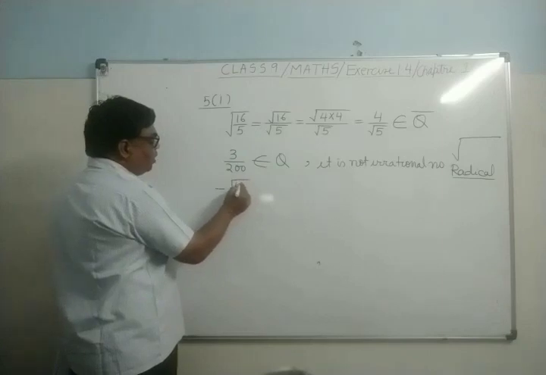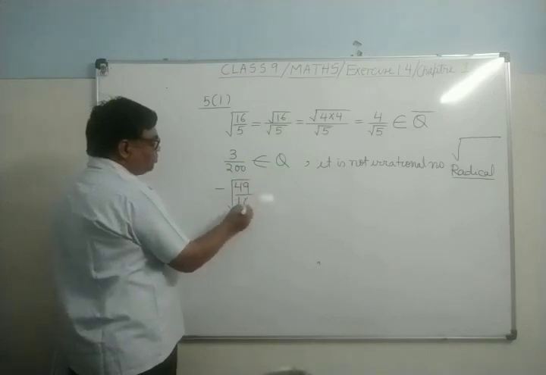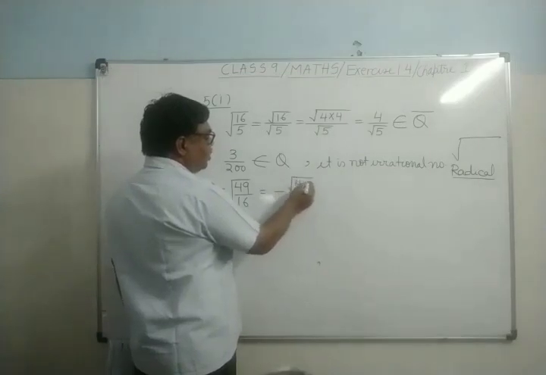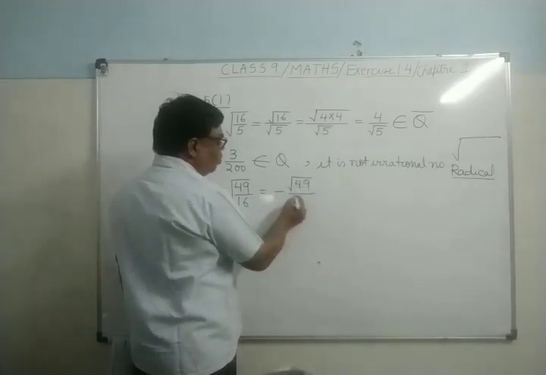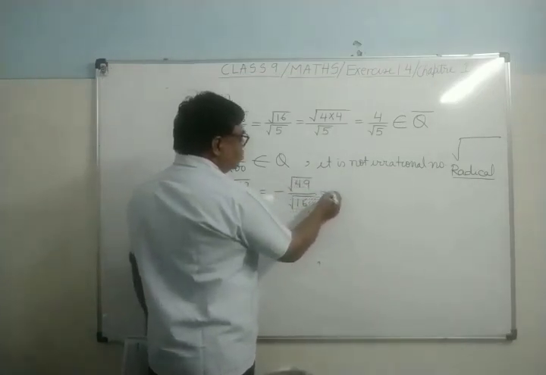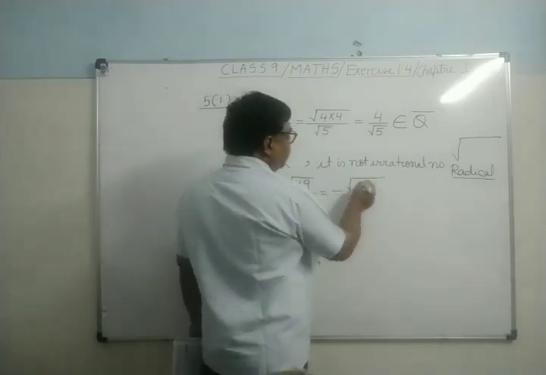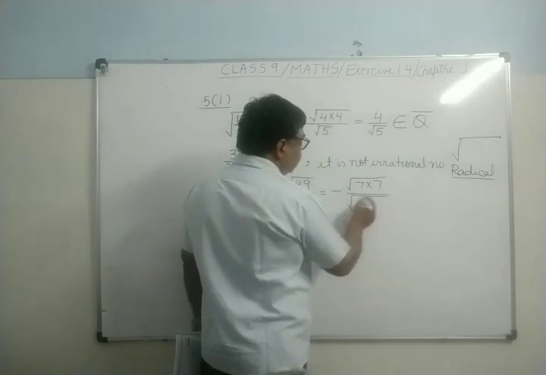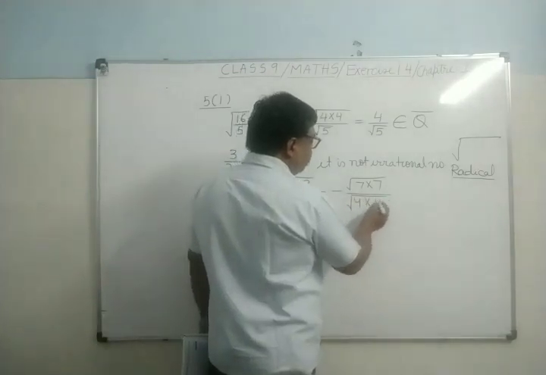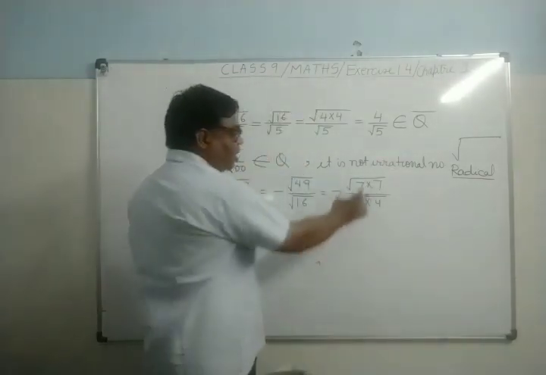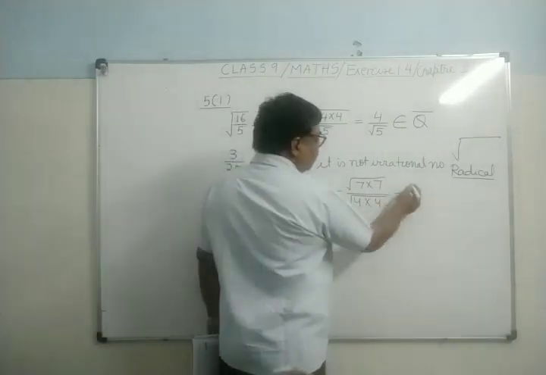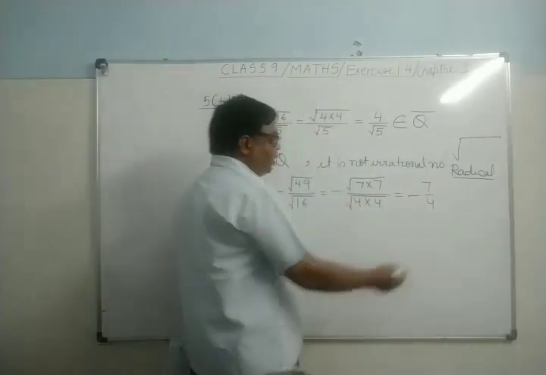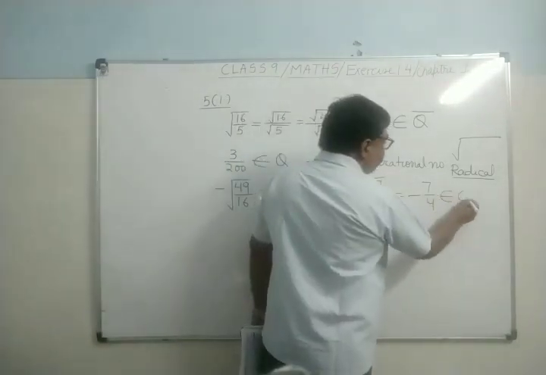Then one more here, minus square root 49 upon 16. We will write it as square root 49 upon square root 16. Square root 49 can be written as 7 into 7, and square root 16 can be written as 4 into 4. After simplification you get minus 7 upon 4, which is what type of number?